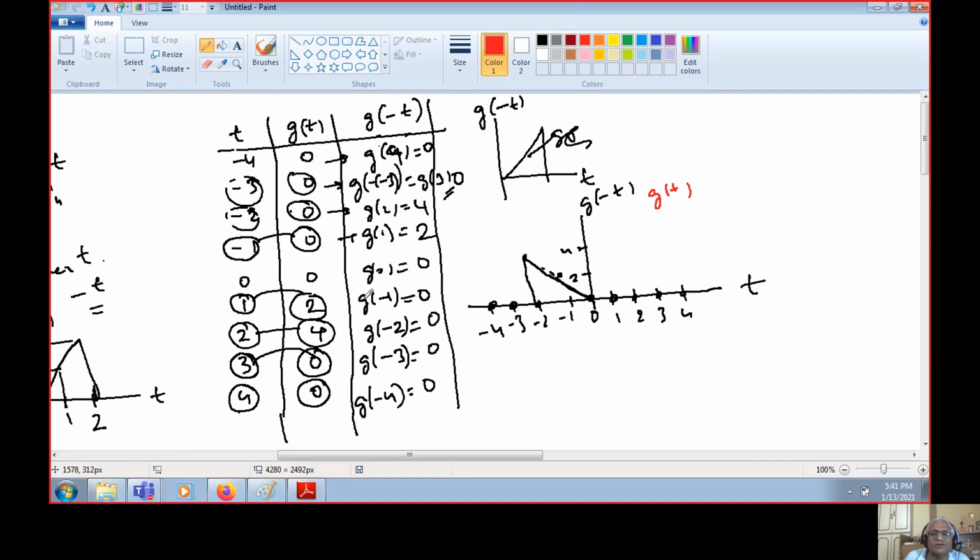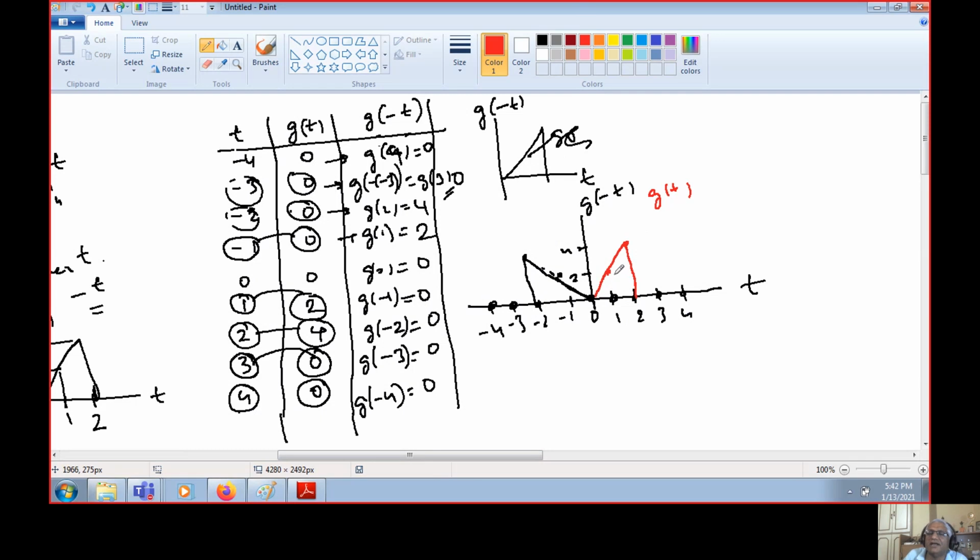At 1 and 2, it is 2 and 4. Here also 1 and 2, it was opposite. So at 1 it is 2, at 2 it is 4. Like this we had. So this was the shape of the curve of g of t.